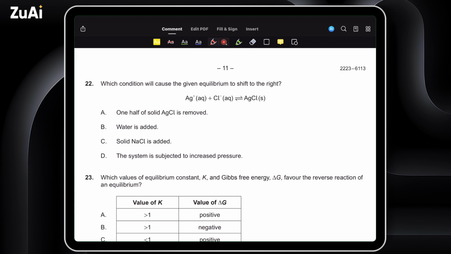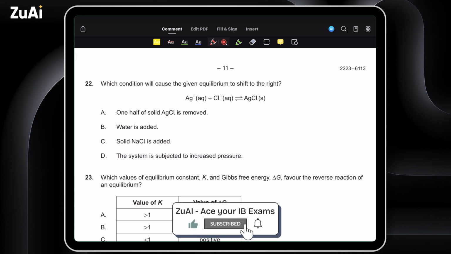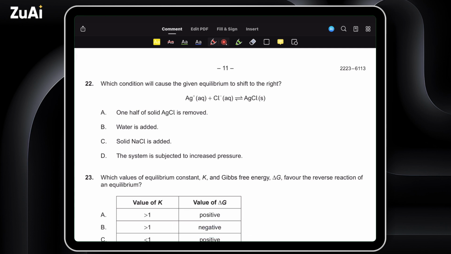So which condition would cause the given equilibrium to shift to the right side? Very good question. So basically we can say that when the product is going to be withdrawn, it shifts the equilibrium to the right side.